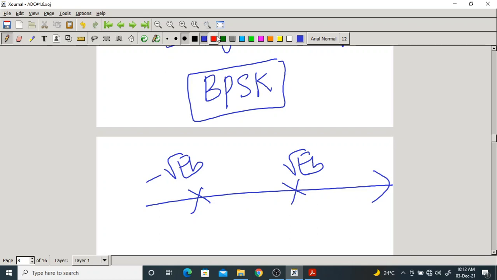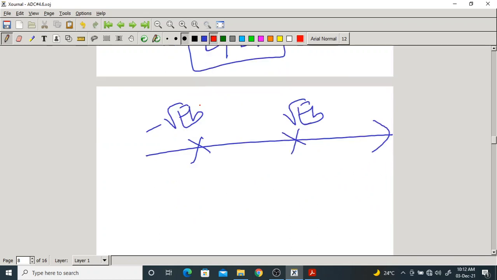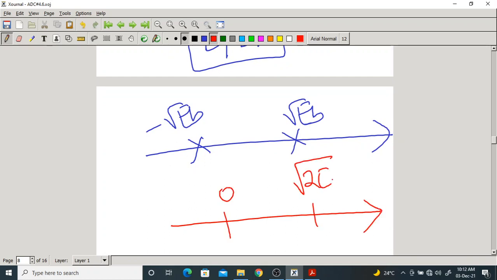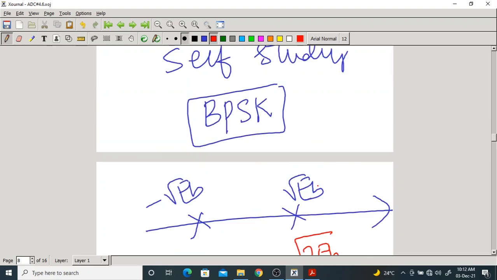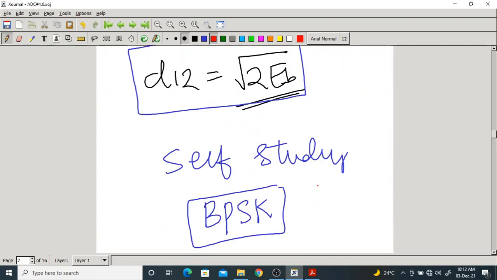But in case of BASK, it becomes 0 and root of 2Eb. So the constellation is the same. You just try to find out the probability of error of BASK. That is for your self study.